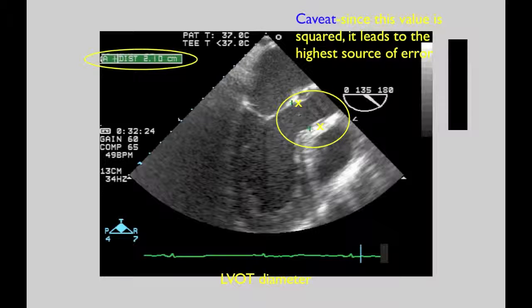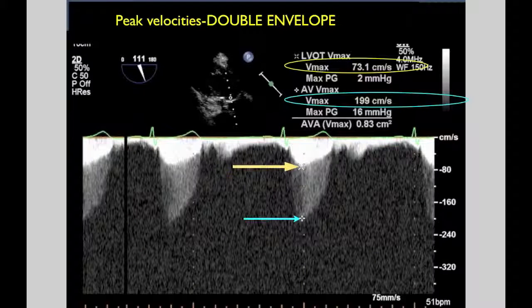Here is a double envelope technique where we use continuous wave and can also see the flow through the left ventricular outflow tract as a lower velocity wave in it. You can potentially either trace these waves to get velocity time integrals or use peak velocities from both of these waves. With continuity, you can approximate velocity time integrals with peak velocities, although velocity time integrals are technically more accurate.